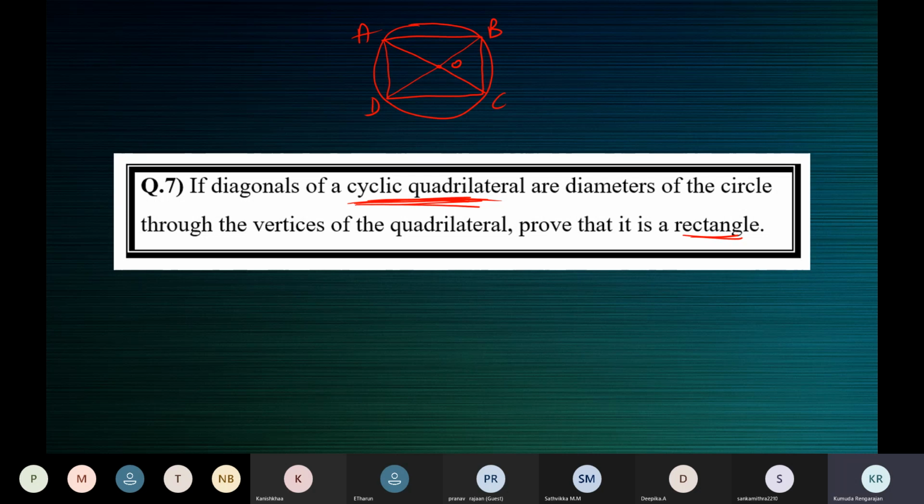BD is also a diagonal of the cyclic quadrilateral ABCD and a diameter of the circle. The line segments AC and BD are diagonals of the quadrilateral and diameters of the circle.